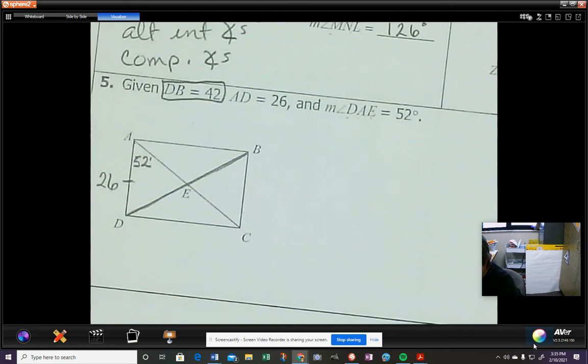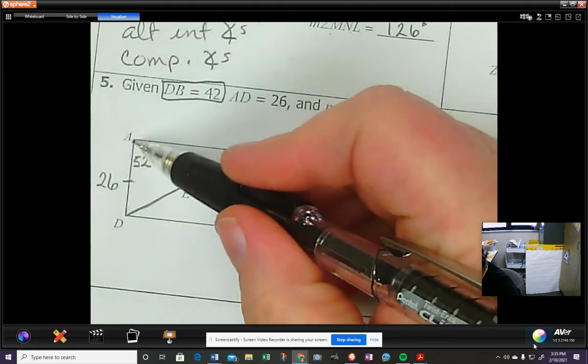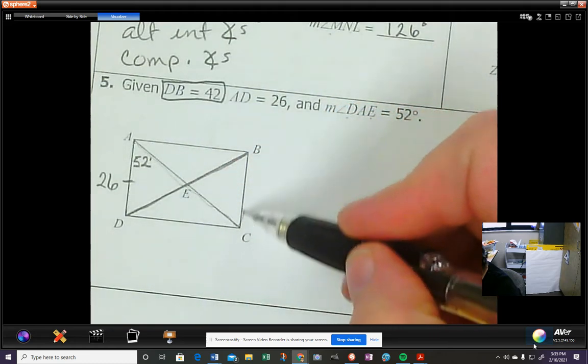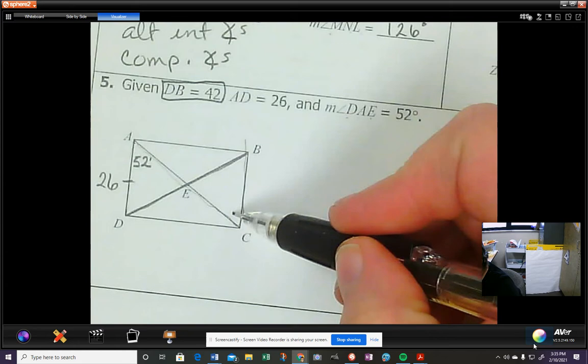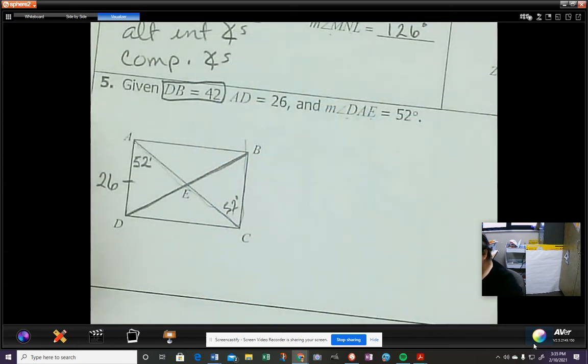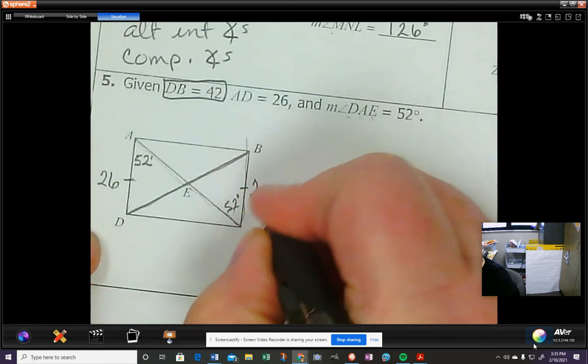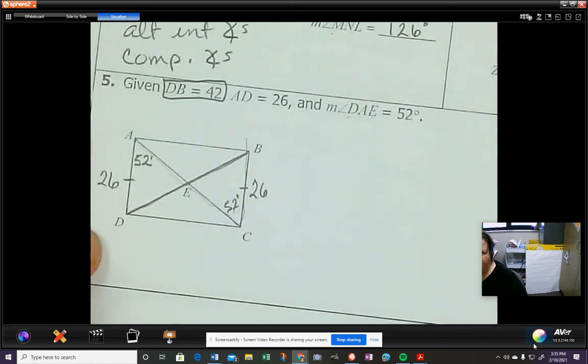How can I figure this out? Well, first I know that my alternate interior angles, I know that this angle right here is 52 degrees. I know that BC is 26. Not degrees, it's 26.